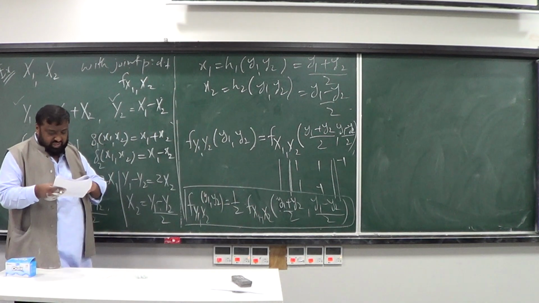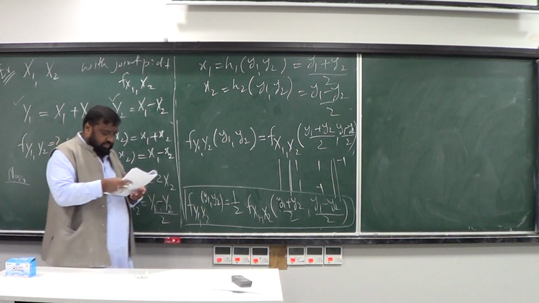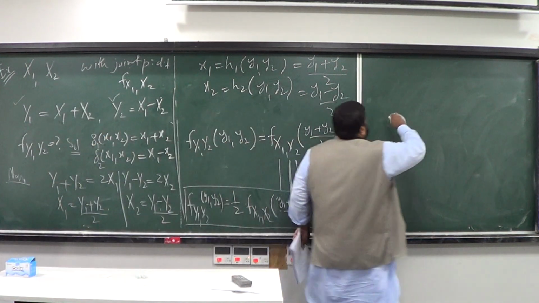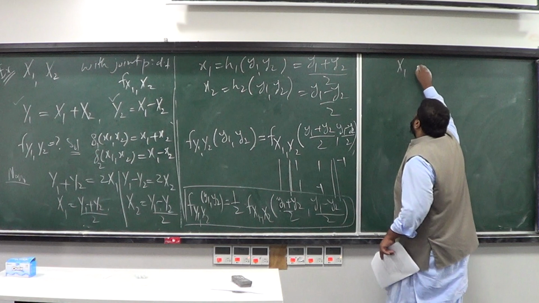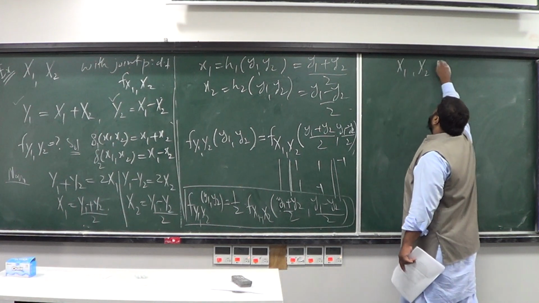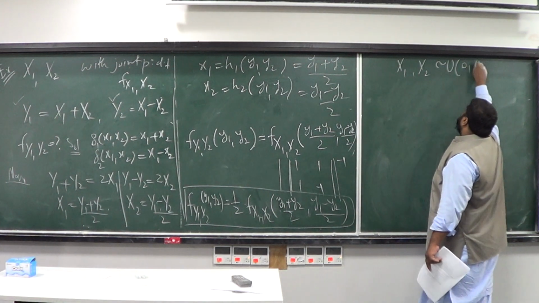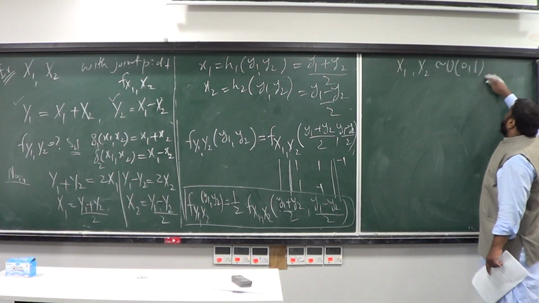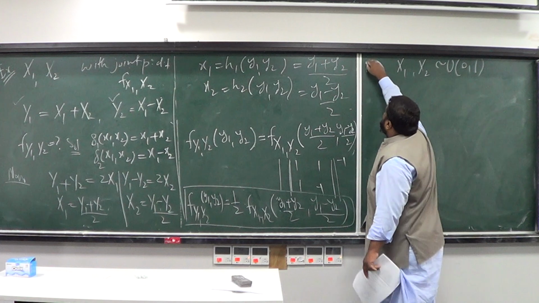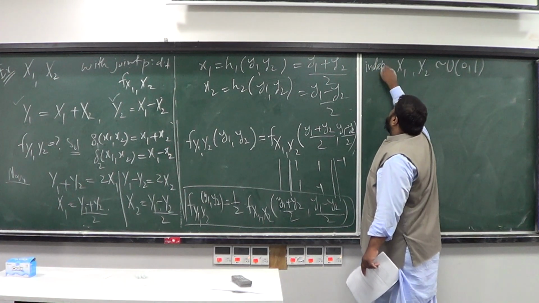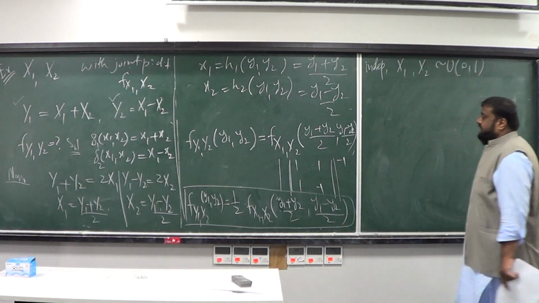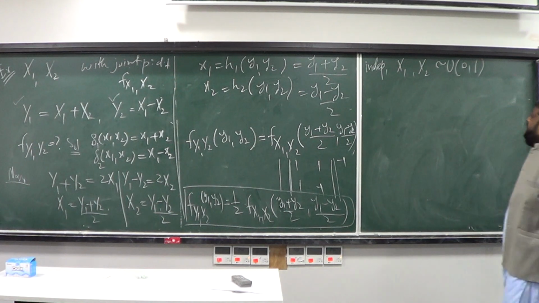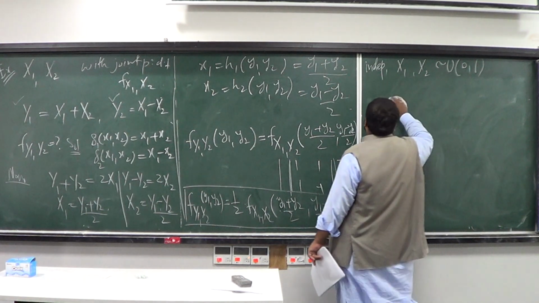So let's do this for two concrete examples. So imagine x1 and x2 are two uniformly distributed random variables and that are independent. So what would be their joint PDF?